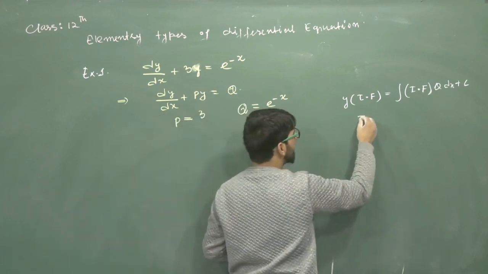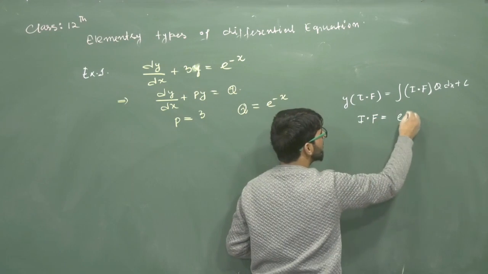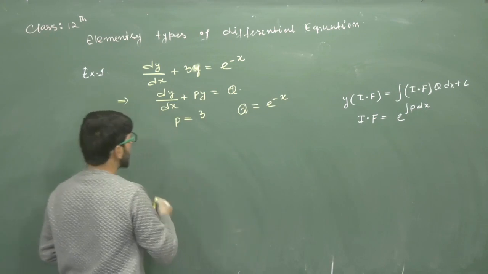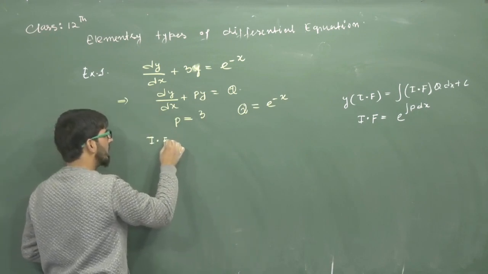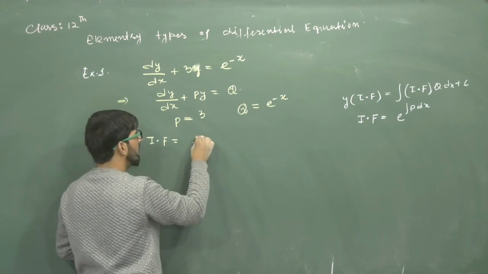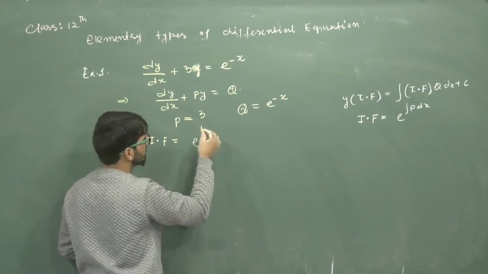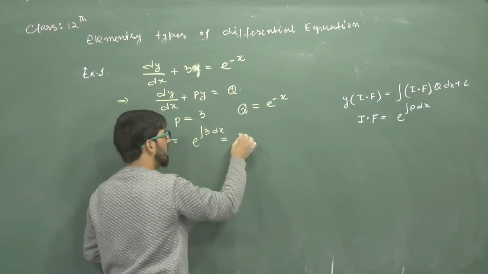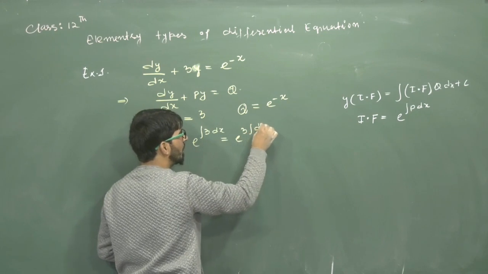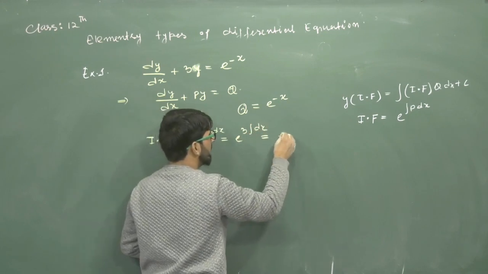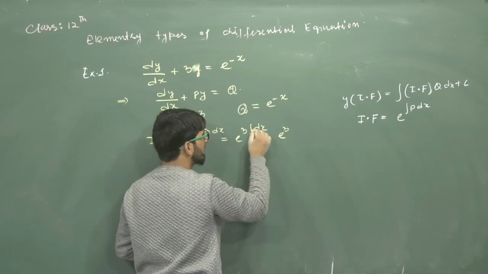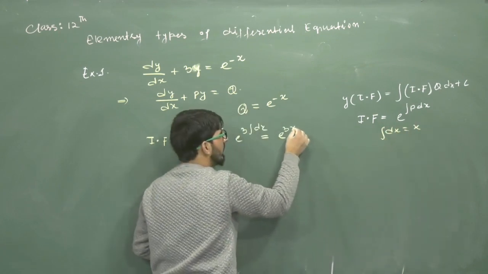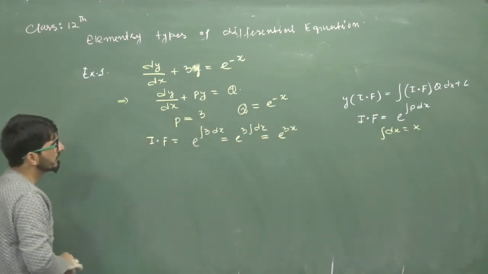As we know, integrating factor is equal to e raised to power integral of p dx. So here I.F. is equal to e raised to power integral of 3 dx, which is equal to e raised to power 3 times integral of dx. What is integral of dx? Integral of dx is x. So this is the integrating factor here.